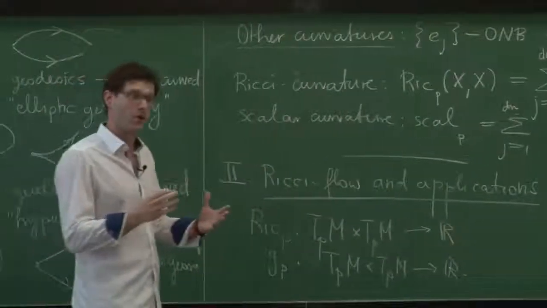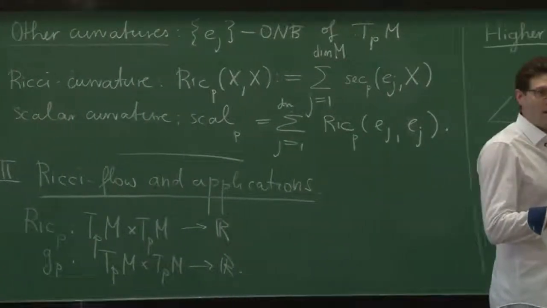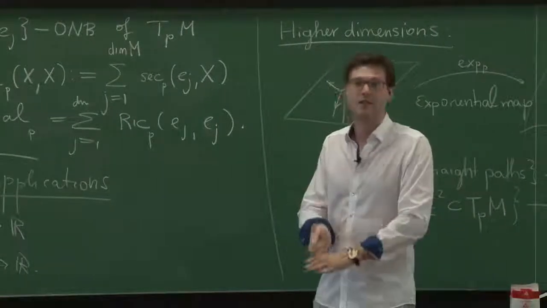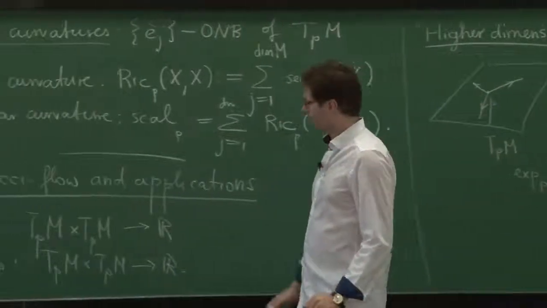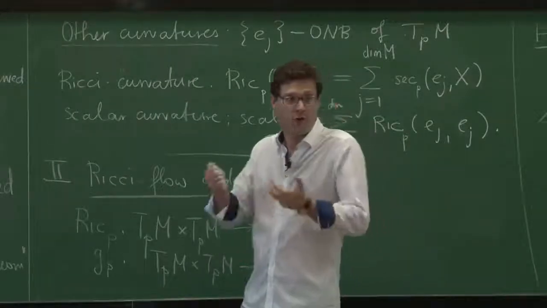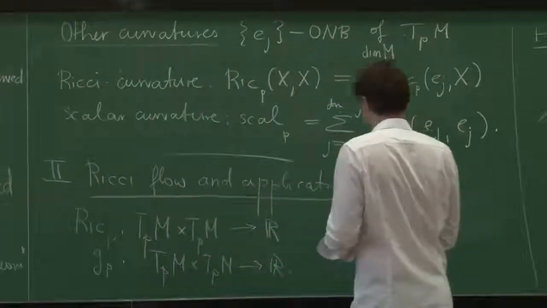It's a scalar product on the tangent space, which is the reason why we are able to measure angles, lengths, study geodesics, and so on. So we see they act in the same way. So you could, therefore, discuss an equation relating both of them, and this is what happens in the Ricci flow equation.